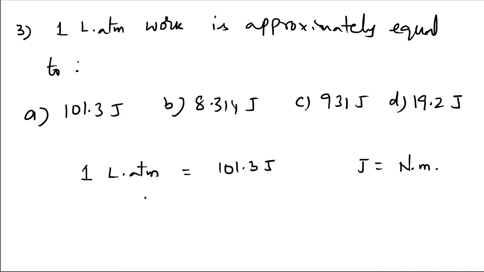I can express 1 liter as a decimeter cube, and atmosphere is basically 760 mm of mercury, which we convert into Newton per meter square, the pressure unit. We don't require that much of the long conversion here, so we can stop here. The answer is simply 101.3.